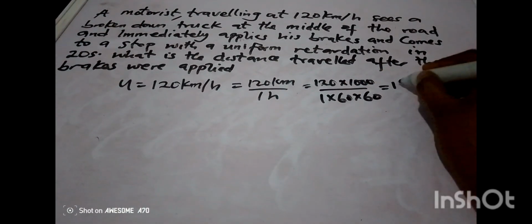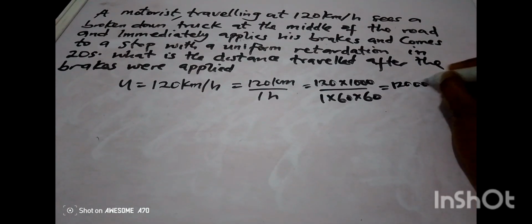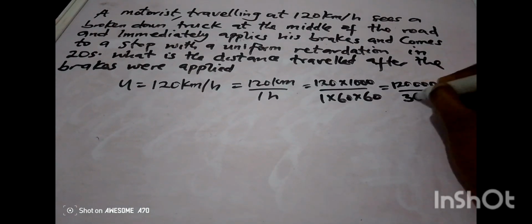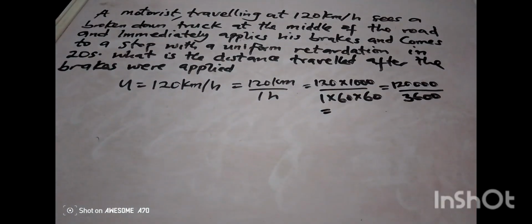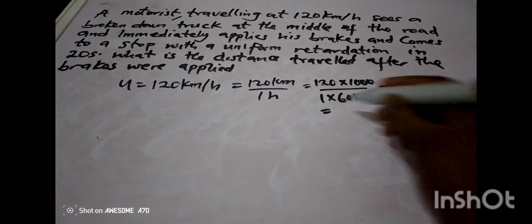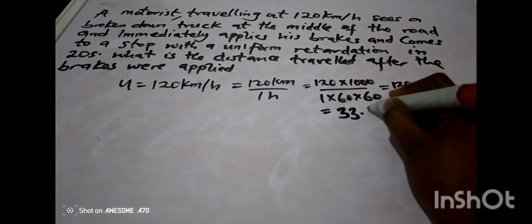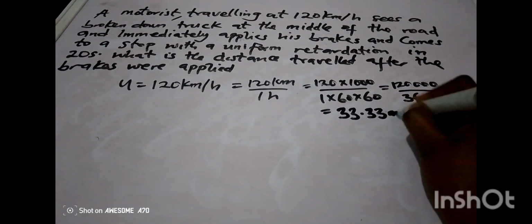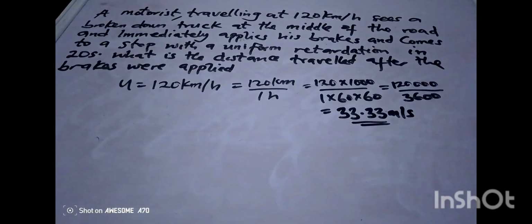So this gives me 120,000 divided by 3600. Let's do our conversion appropriately. We are going to have 33.33 meter per second. So we have converted the initial velocity from 120 km per hour to meter per second, and that is 33.33.